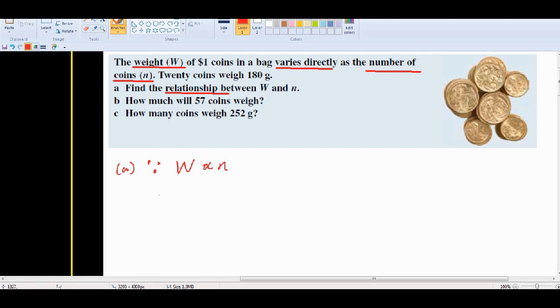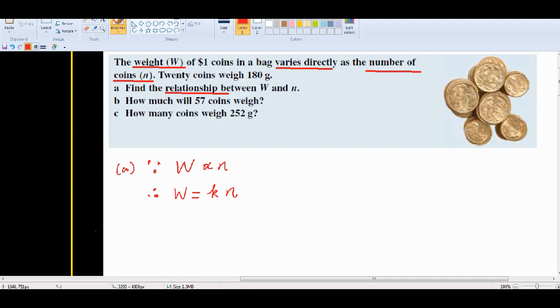So that's what I'm going to write. And from that we know W equals K times n. Now you have an equation, but we need to find K.